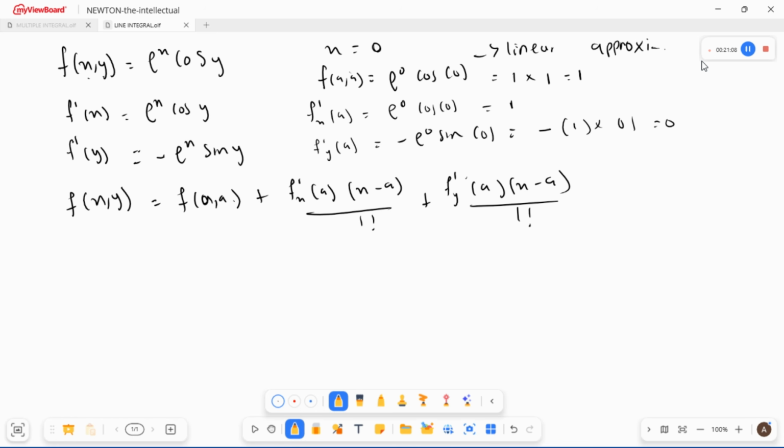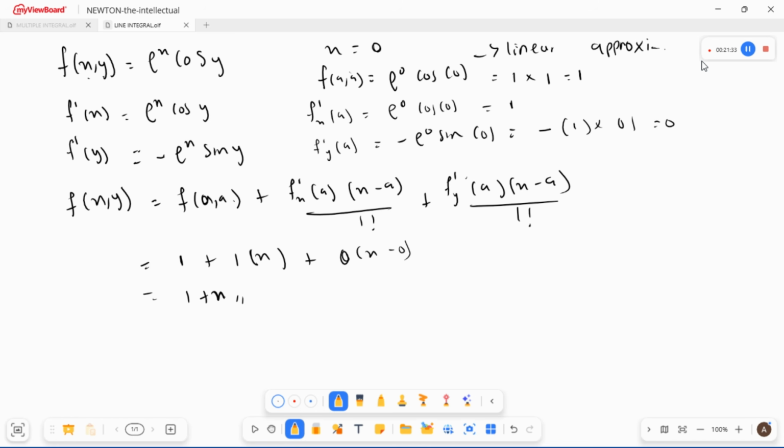So plugging in our values, we have 1, plus 1 times x minus 0, which is x, plus 0 times y minus 0. This gives us 1 plus x. 1 plus x is our answer for this particular question.